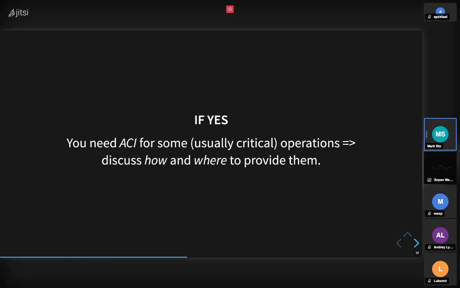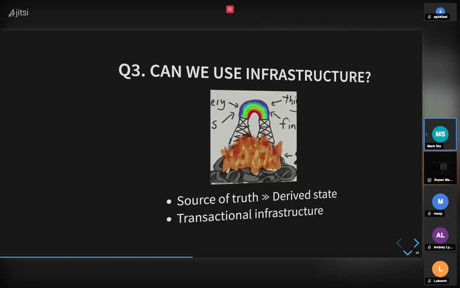Critical operations is a shortcut that we'll use for concurrent write operations over shared mutable state from the first question, for which ACI guarantees are required from the second one. Quite often, this is not the full set of concurrent writes, but a critical subset of all concurrent write operations that are possible in our system.